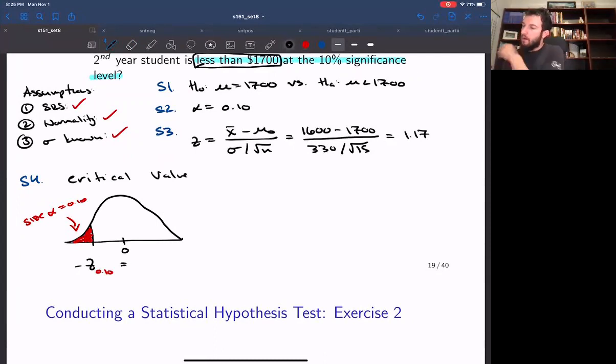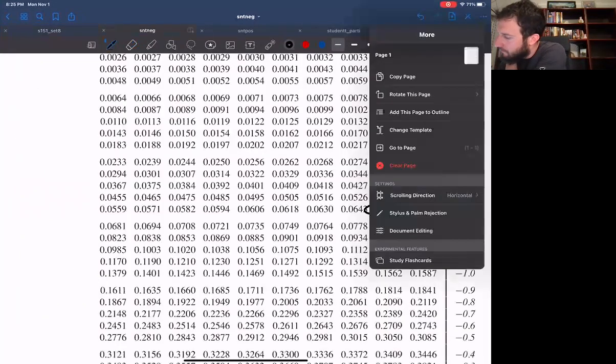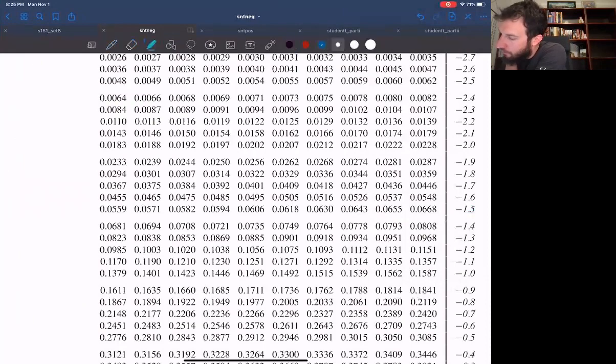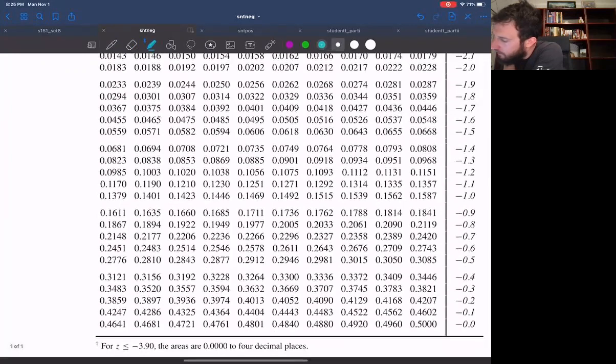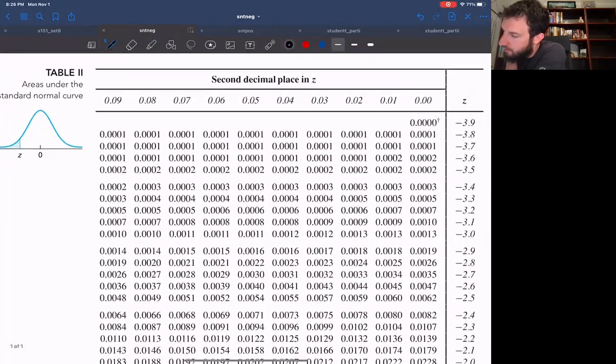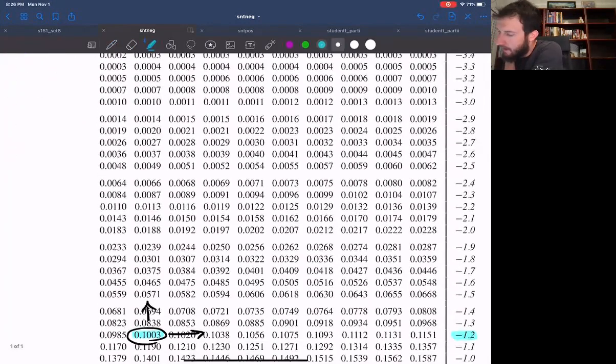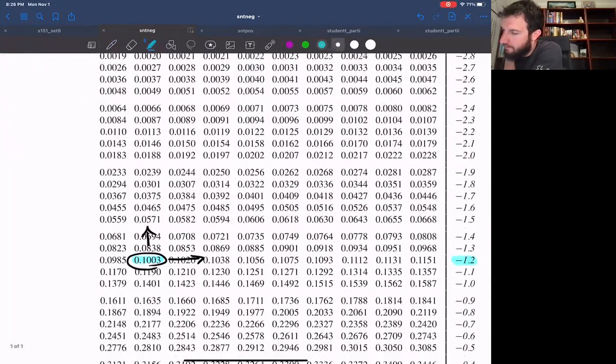All right. Okay, so to find this value, we can go to the normal table. We can look up 0.1. The closest we can get to 0.1 is 0.1003. So that gives us a critical value of negative 1.28.